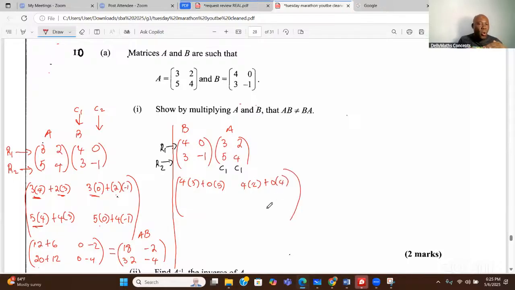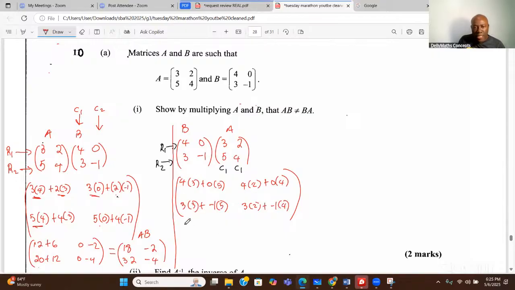All right, so that's row 1, column 2. Now we're going underneath that. In the second row, it's going to be 3 times 3 plus -1 times 5. So 3 times 3, -1 times 5. And then lastly, it's going to be 3 times 2 plus -1 times 4.